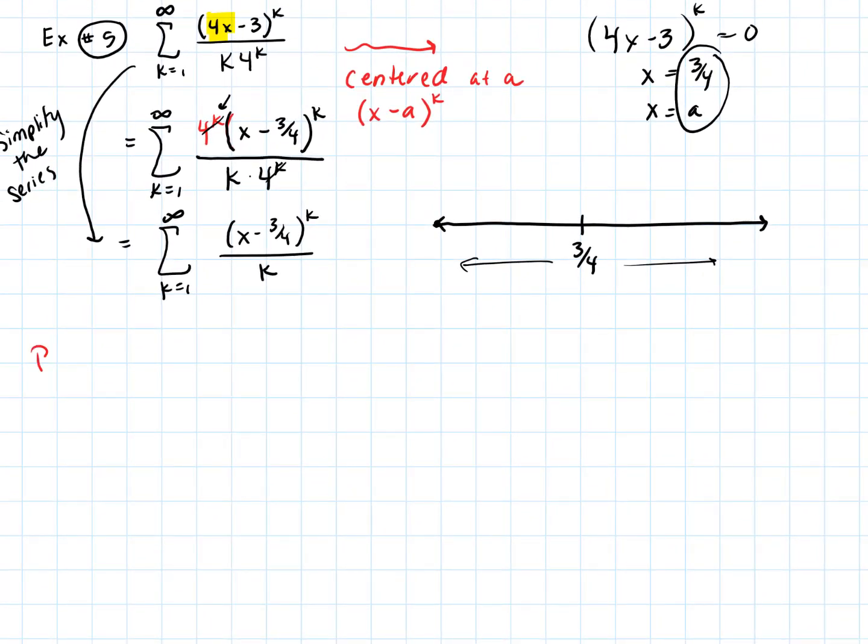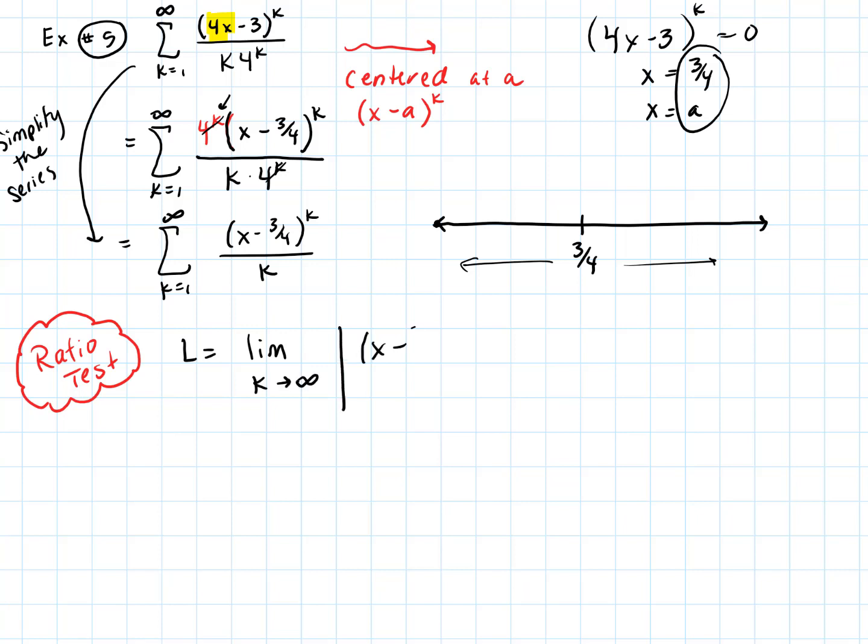So now let's apply the ratio test. I'm going to apply it to the simplified version, but you can apply the ratio test and get to the same result with the original. So I'm going to apply the ratio test: the limit as k approaches infinity of (x minus 3/4)^(k+1) over k plus 1, times k over (x minus 3/4)^k.